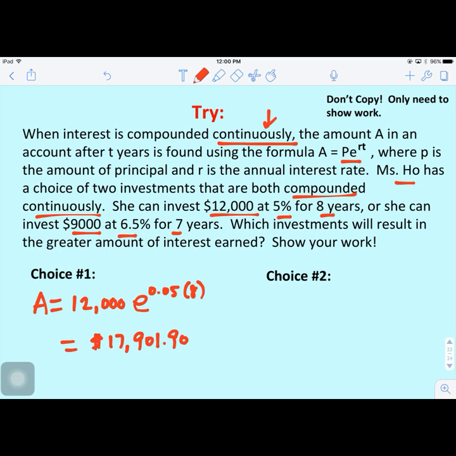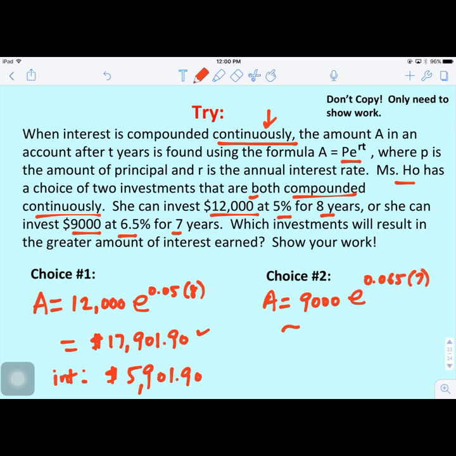And the interest that she earned here is going to be 17,901 minus the 12,000. That's going to be the interest earned, 5,901.9.